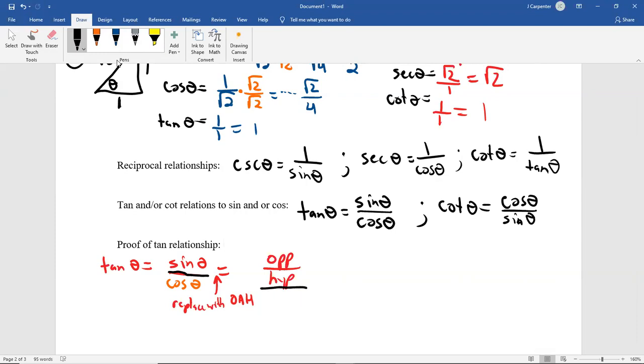There we go. Colors are always helpful for proofs. So sine, the red, was opposite over hypotenuse. So there's the top of the fraction. Here's the black division. Now the cosine of theta, that's C-A-H. Cosine is adjacent over hypotenuse. So A, D, J over H, Y, P.